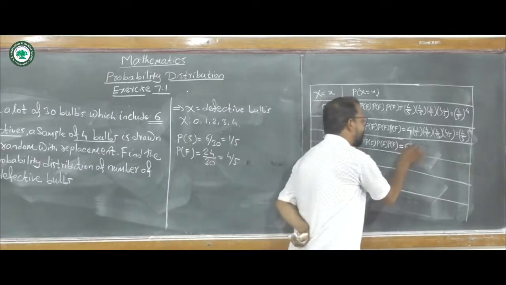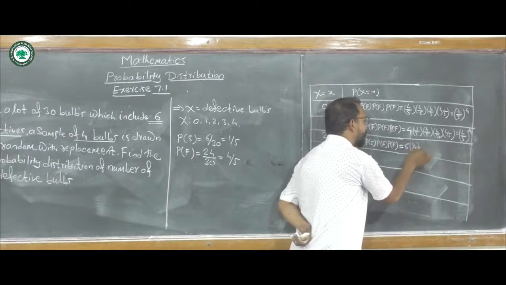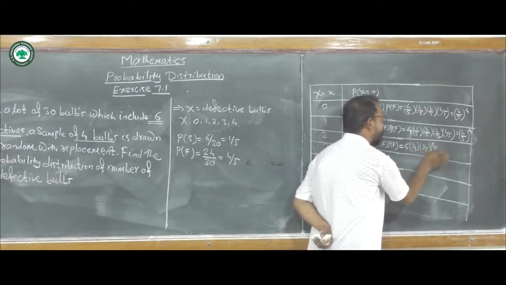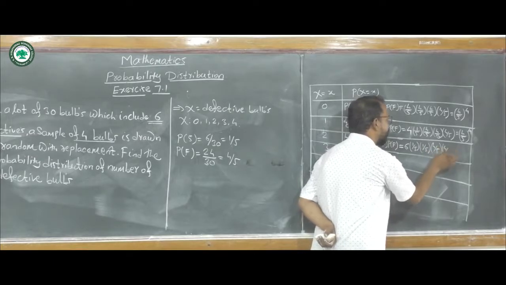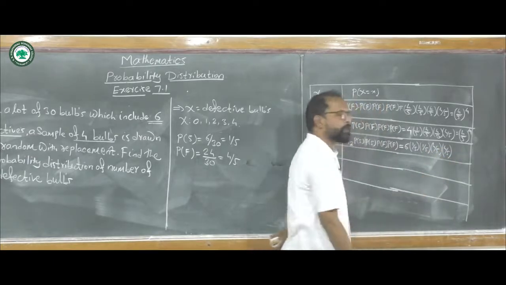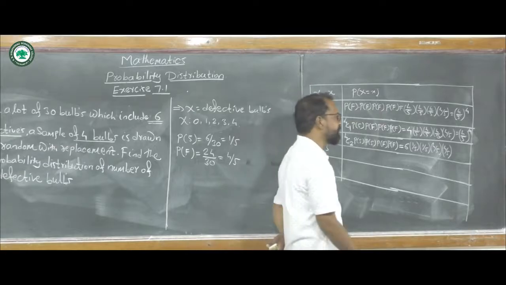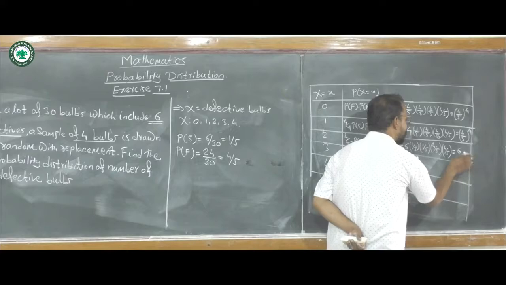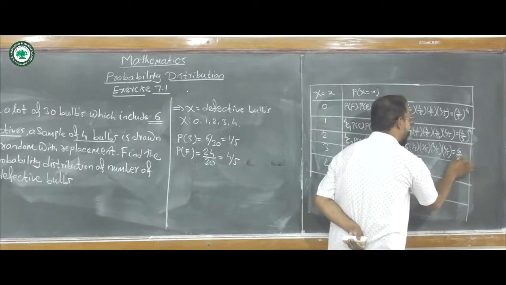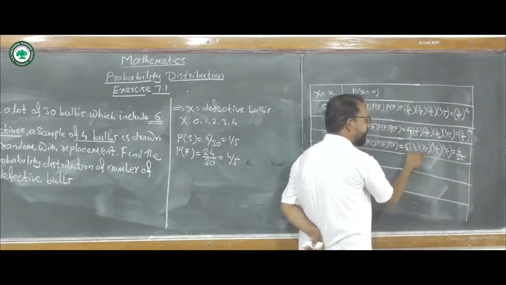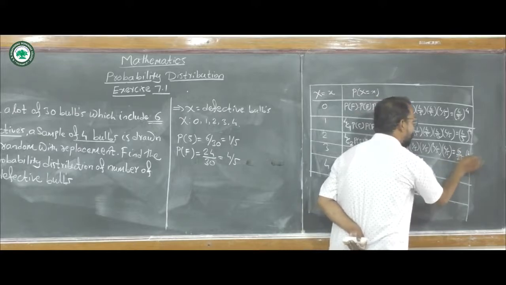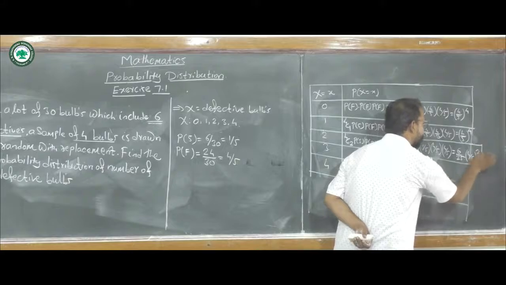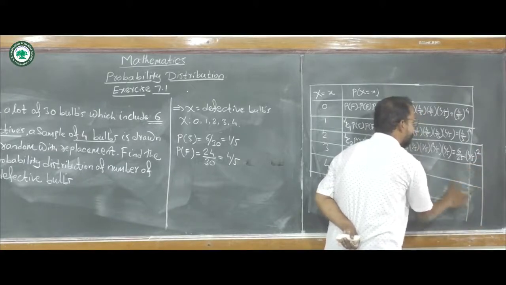So it becomes 6 into 1 upon 5 into 1 upon 5 into 4 upon 5 into 4 upon 5. If we make these calculations, this will be 6 upon 25 into 4 upon 5 square.